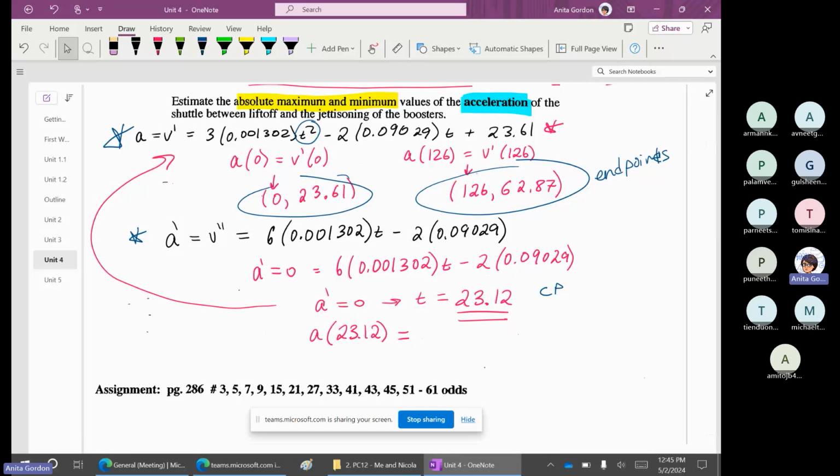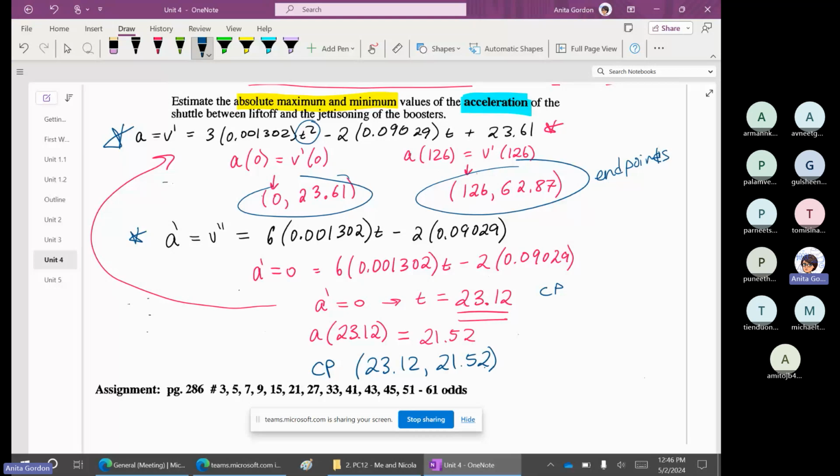What are you guys getting? I like how 3 of you have a calculator and you're still looking at me. You have an equation. I told you the point. Just chuck it in. Tell me what you get. 21.52. Okay, so my critical point happens at 23.12, comma 21.52.